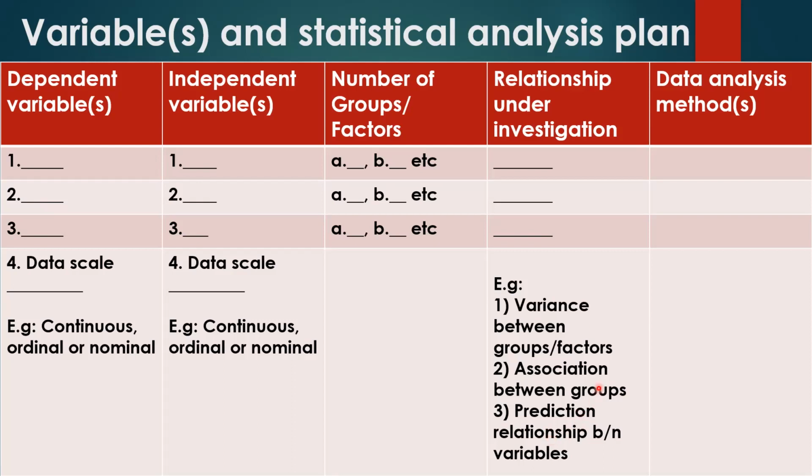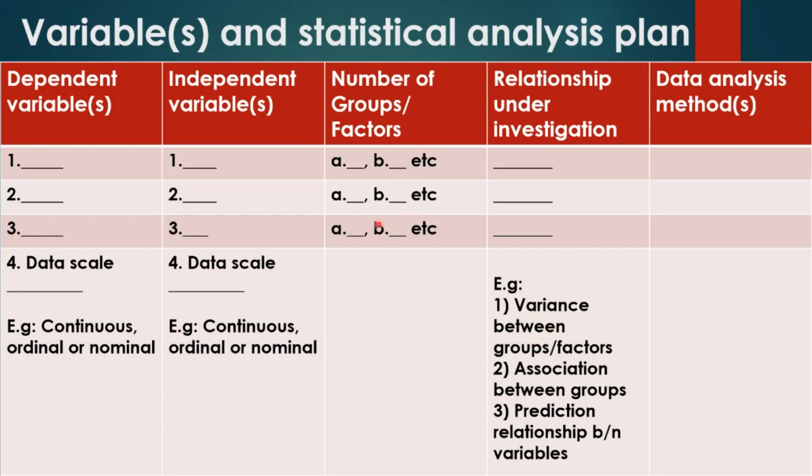So this is the kind of table that you must try to design to be able to determine which data analysis method you are going to use for your data. It's very important to break your research objective apart and use this table, because if you don't know the number of groups that are there, it will be impossible for you to decide on certain statistical analysis. We are going to see it in the slides ahead. Especially for number one, the type of relationship, the variance between groups.